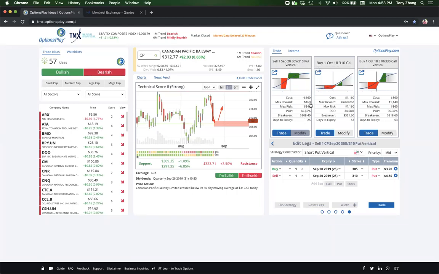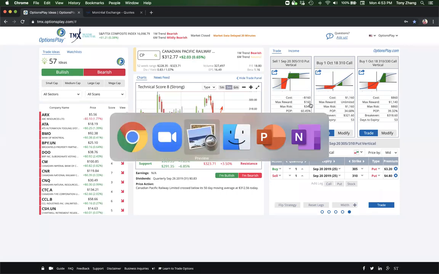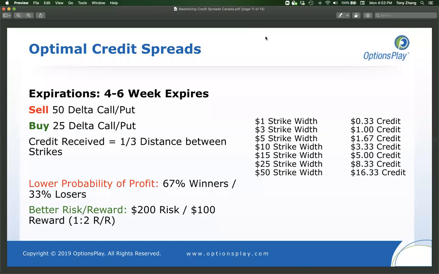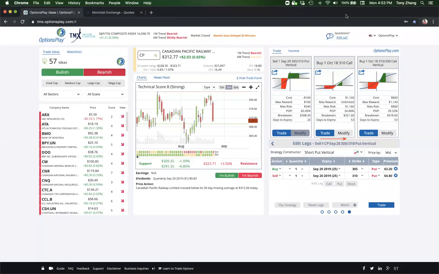I'm collecting about $1.60, which is just about a third of the way. As I was saying before, when I'm selling something for a $5 width, I'm looking to collect roughly $1.67. So here I'm collecting roughly $1.60, right in the realm of what I'm looking for.